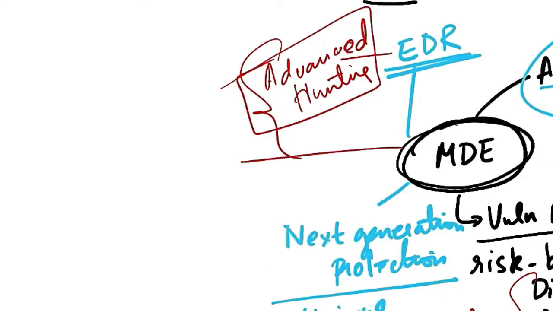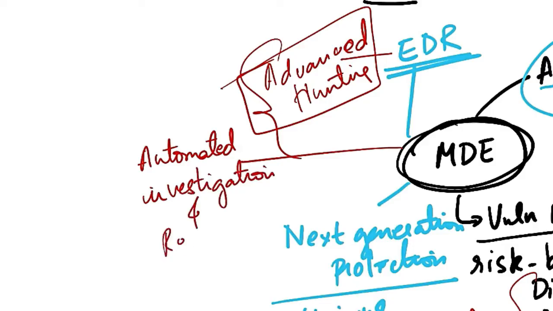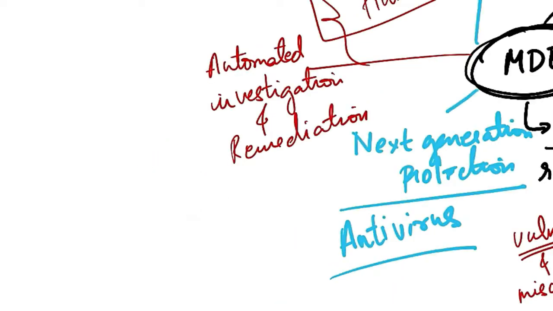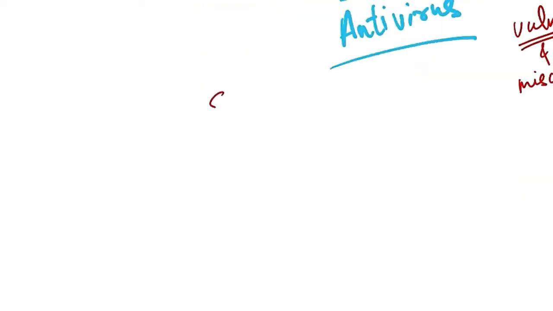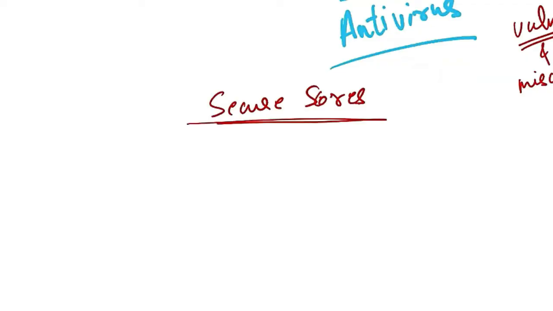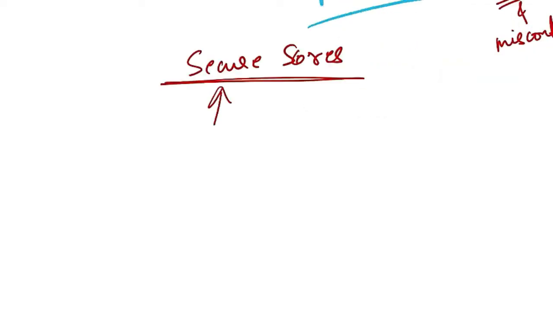Next capability of MDE is automated investigation and remediation. So, MDE not only quickly responds to advanced attacks but also offers automated investigation and remediation capabilities. This helps you to reduce the volume of alerts. The next feature of MDE is Microsoft Secure Score for devices. So, this is a score for your devices. If the device's score is higher, then it means that they are more resilient to cyber threats.